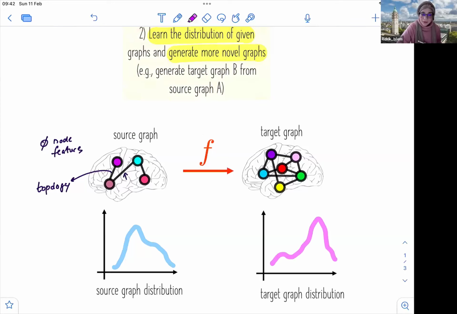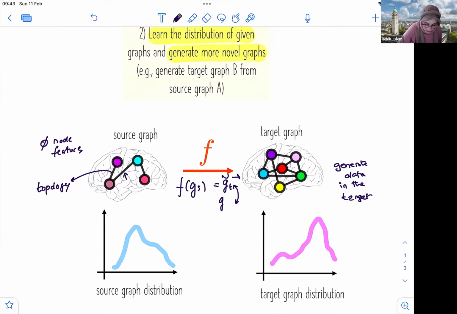Our goal is, if we want to generate data in the target domain, given the source graph G source, to predict this graph, which is G target. Okay, so this is our prediction.